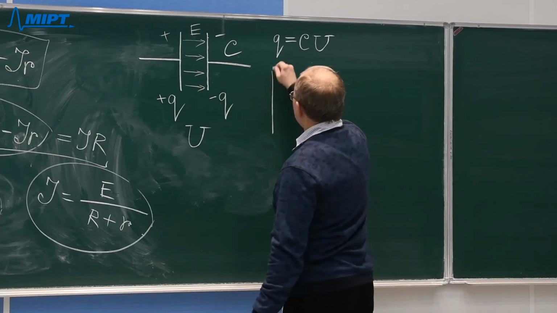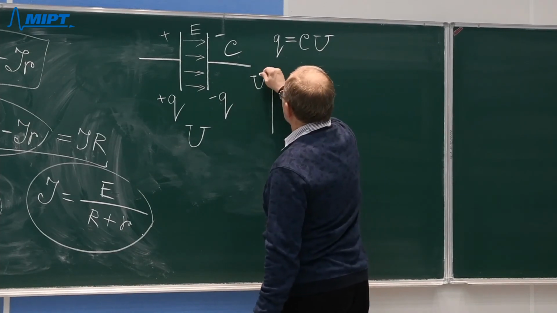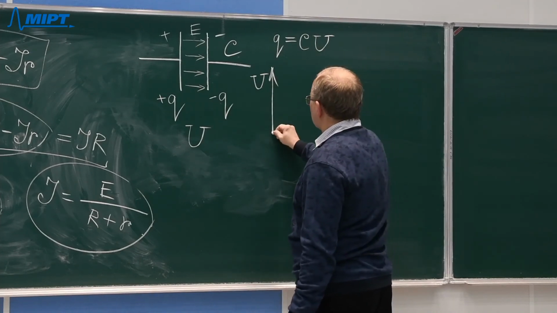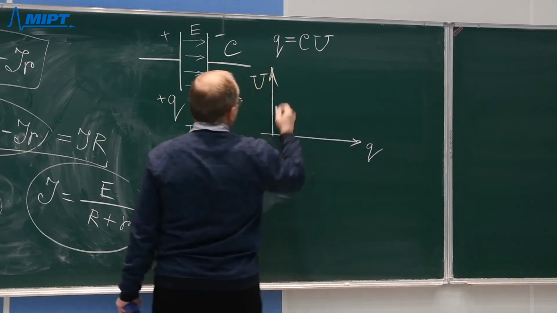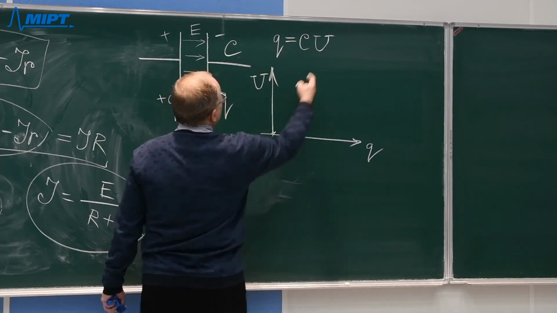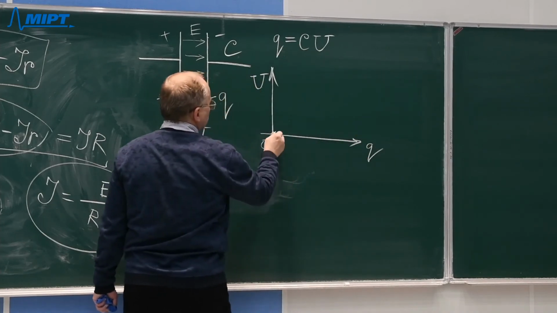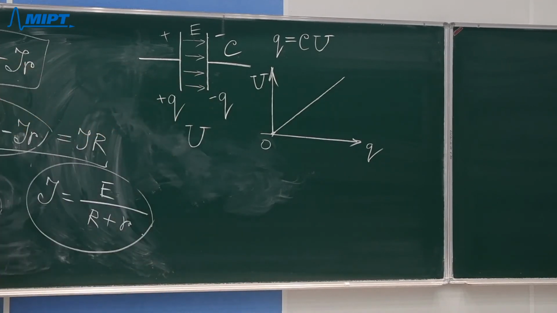So if we consider the dependence of potential difference U and the charge of the capacitor, then it's obvious that when the charge is zero, the potential difference is also zero, and the larger the charge, the larger the potential difference, and the dependence will be shown by a straight line on this graph.